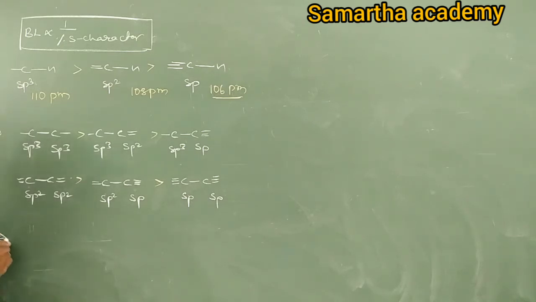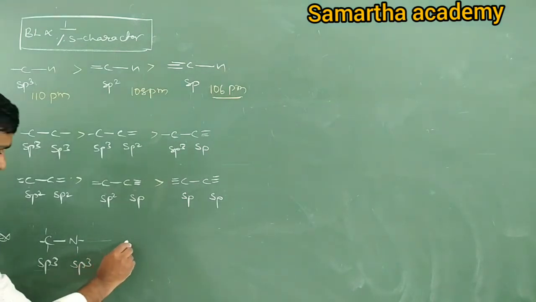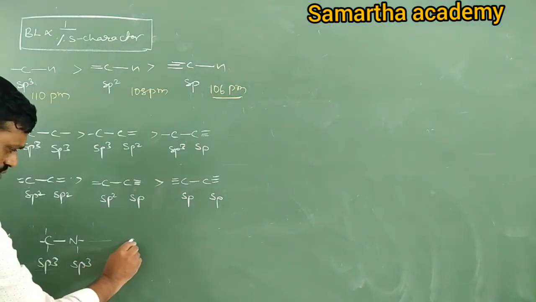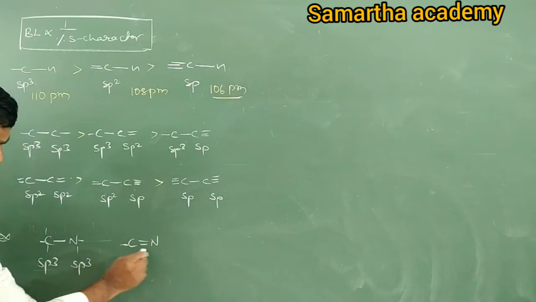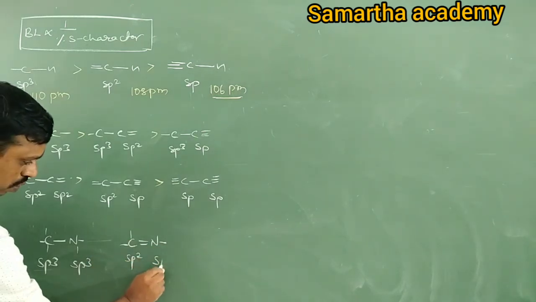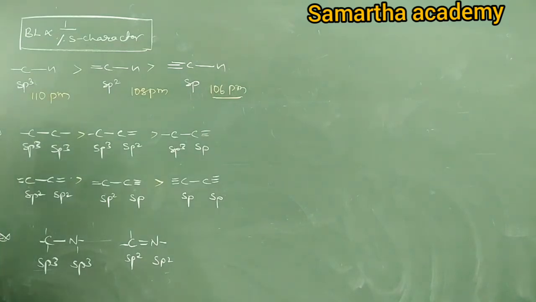One more example. Let us take carbon nitrogen. Right. It is sp3 carbon, sp3 nitrogen. Let us take now C double bond N. It is sp2, sp2.